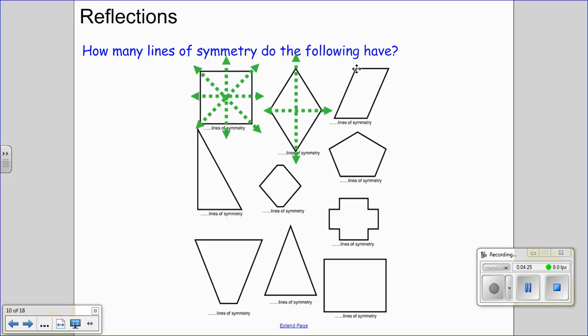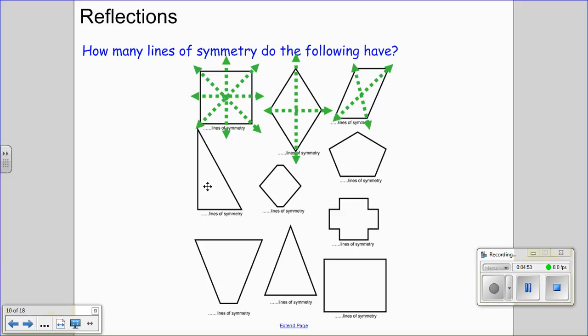When I look at this parallelogram here, I could fold it on the diagonals, and it should line up edge to edge. So that's one line of symmetry. And I could fold it along this diagonal, and it should line up edge to edge. So that's 2 lines of symmetry as well.